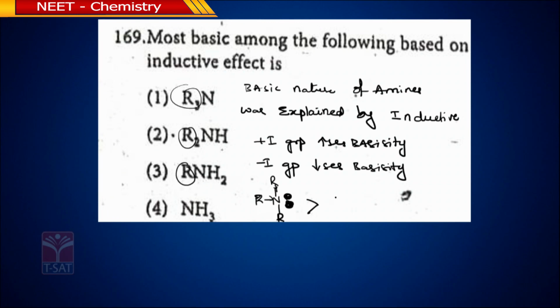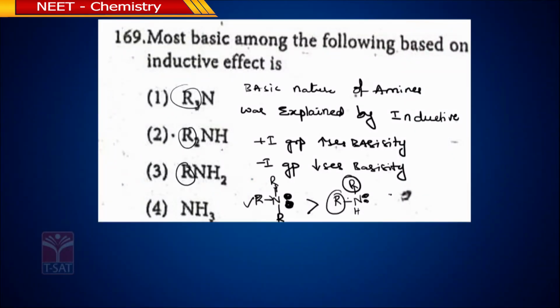If you compare this R3N with R2NH, RNH2 has fewer electron donating groups, so the electron density decreases. So, most basic is R3N, next R2NH, next RNH2, next is NH3.